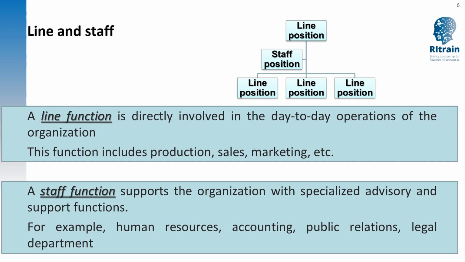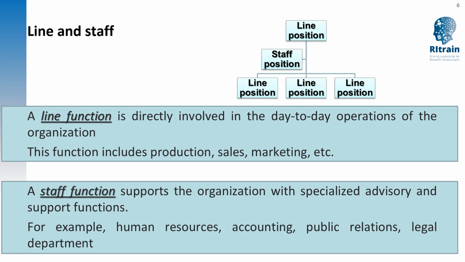When a rectangle is connected horizontally outside of the vertical hierarchy, typically this position indicates an assistant or staff person. Staff positions serve the organization by indirectly supporting line functions. Staff positions consist of staff personnel and staff managers.